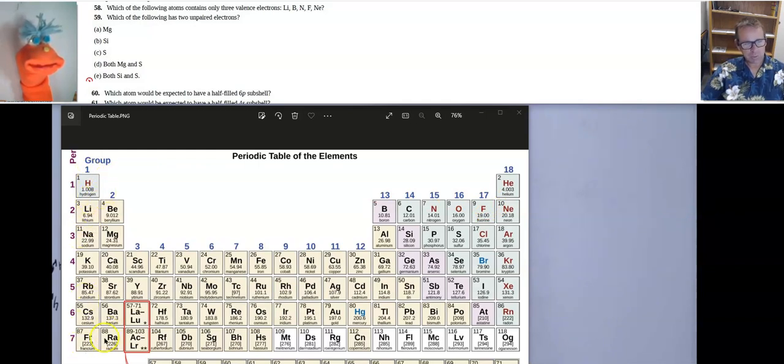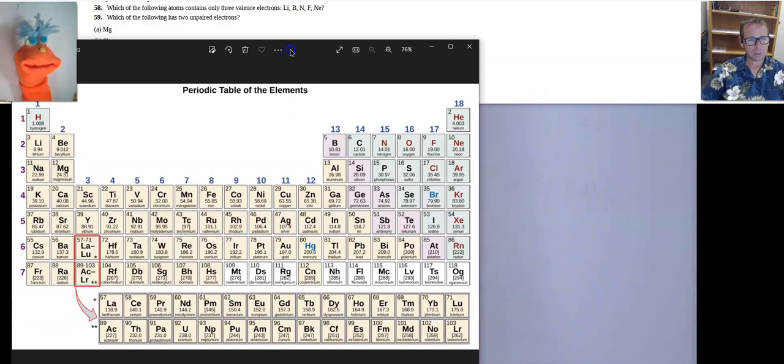If you have an element in one of these columns, then you can identify the number of valence electrons simply by the column it's in. So lithium has 1 valence electron because it's in the first column. People learn that in chemistry relatively early on.